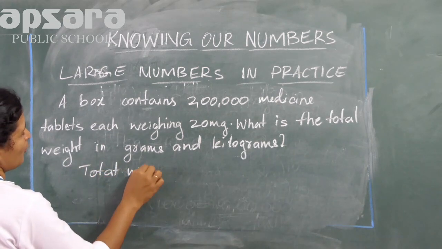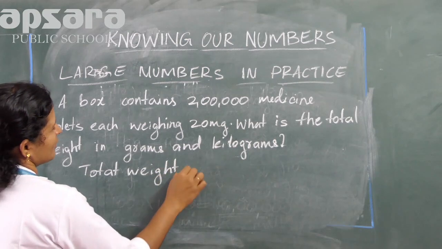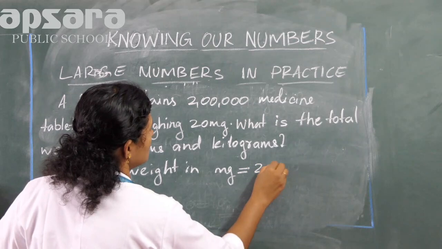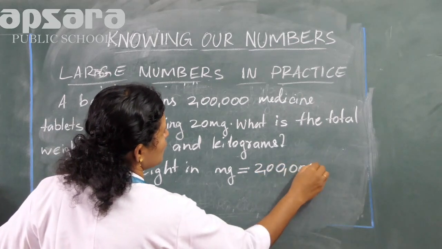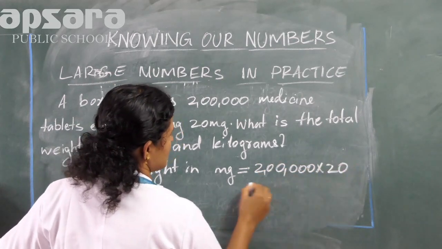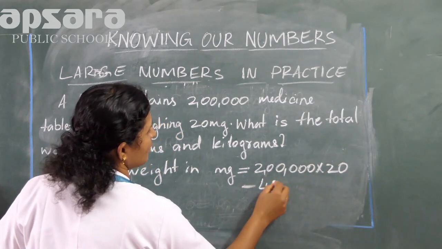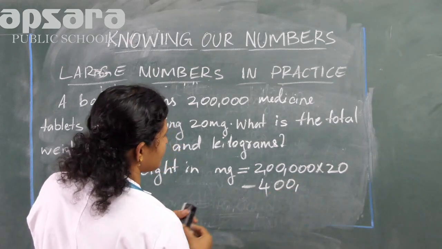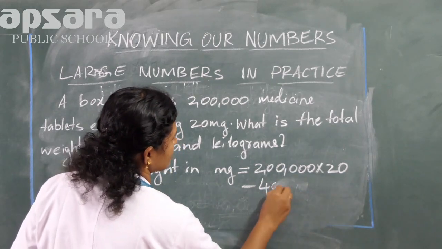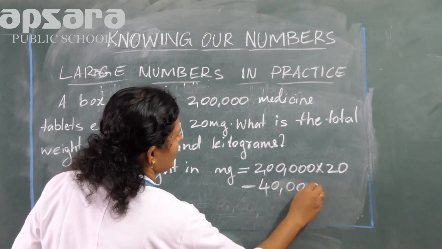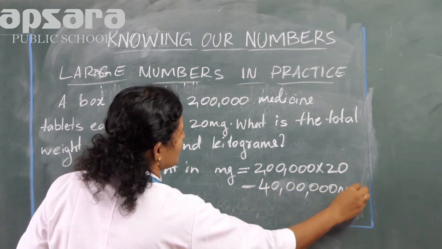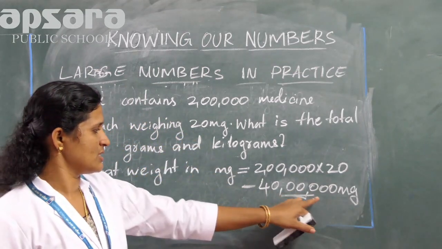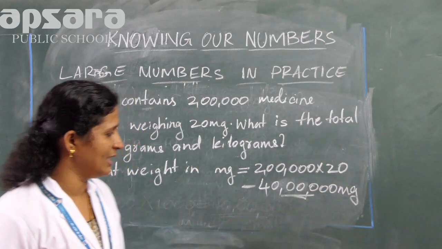Total weight in milligram is equal to 2 lakh into 20. 2 2s are 4, 40 lakh milligrams. The total weight of the tablets in milligrams is 40 lakh milligram.